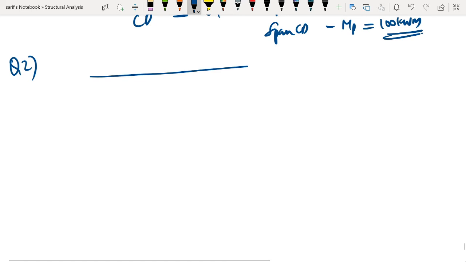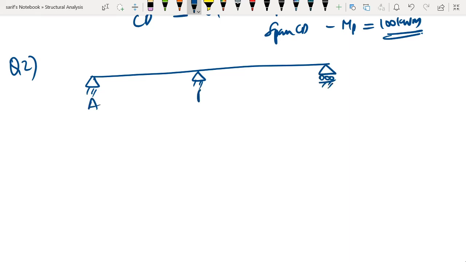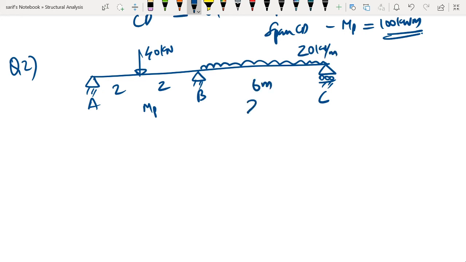Now in this question we are having a two span continuous beam ABC, and in the span AB we are having a load 40 kilonewton, and in span BC we are having a load 20 kilonewton per meter, and the span is 6 meter and it is 2 Mp.